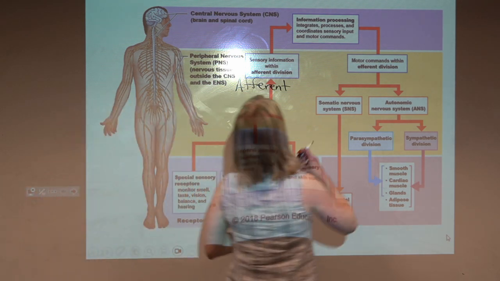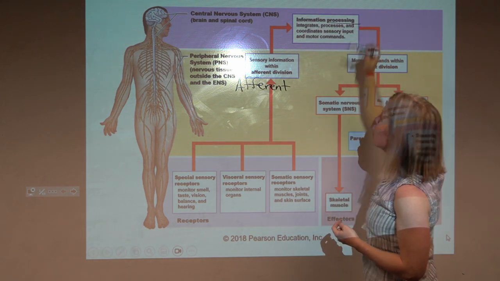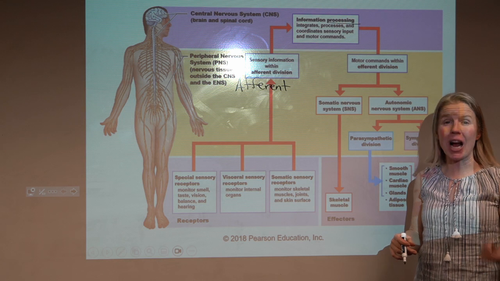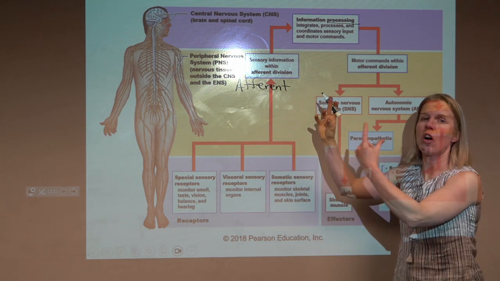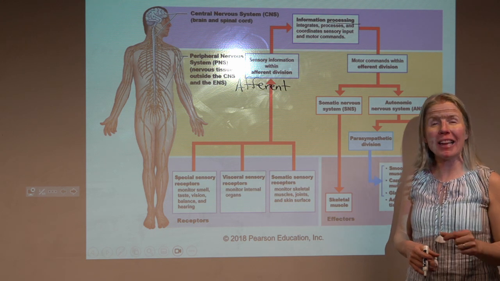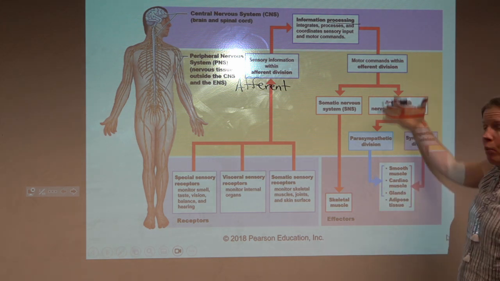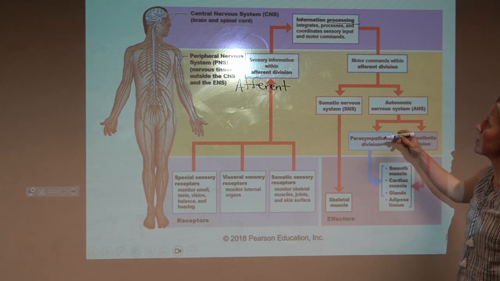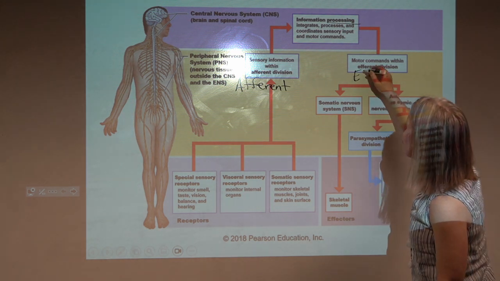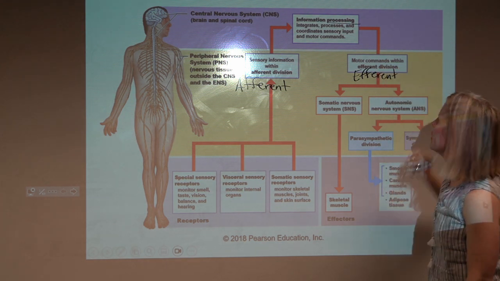When we talk about the central nervous system, we're really looking at information processing, integrating all this information, deciding what it means, and coming up with a plan of what the body should do, right? And so the output from the central nervous system is our motor commands, or what we call the efferent division.